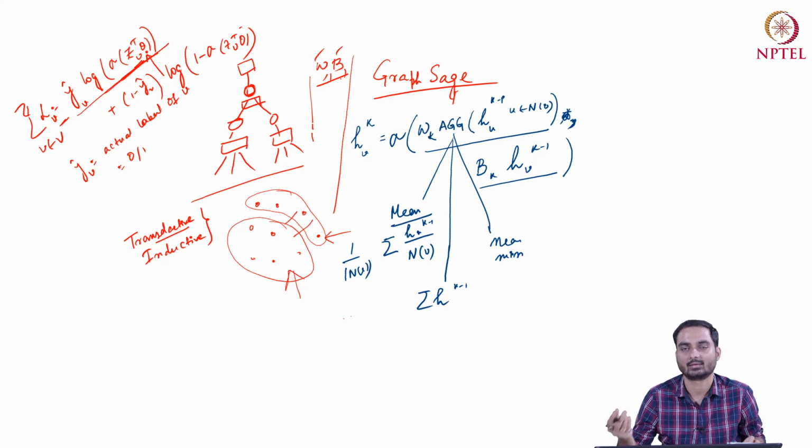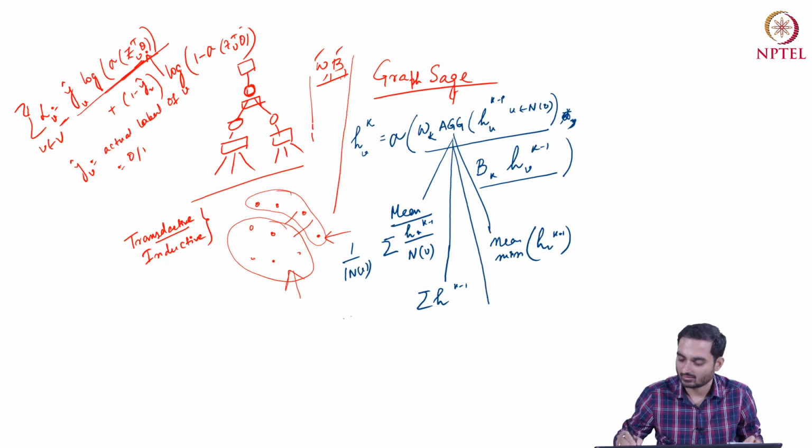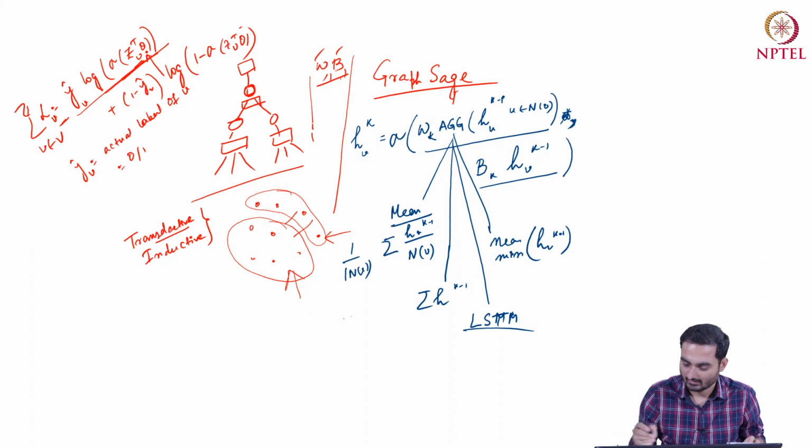Max pool or mean pool would also generate the same size vector: the max pool or mean pool of the neighbor embeddings at time k minus 1. It can even be an LSTM, another neural network like an RNN kind of network. Long short-term memory, you all know what an LSTM is.